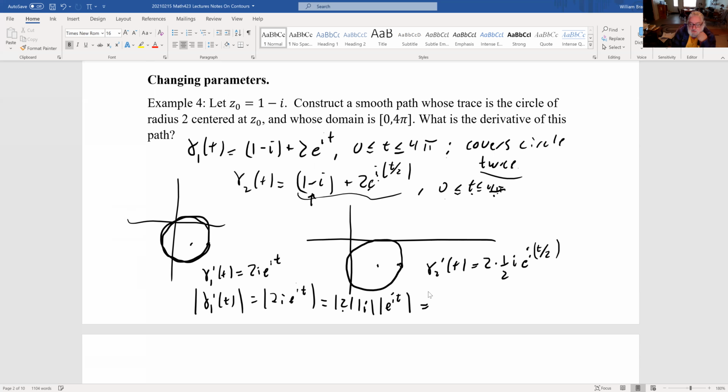Real number, it's just absolute value, so that's 2. i has a modulus of 1. e to the it, this is points on the unit circle, so it also has a modulus of 1. So gamma prime of t, the speed at which you're going around is 2. Modulus of gamma 2 prime of t, if you actually grind through that, the 2's here will cancel out, and so it'll just be 1. So we go around half as fast.